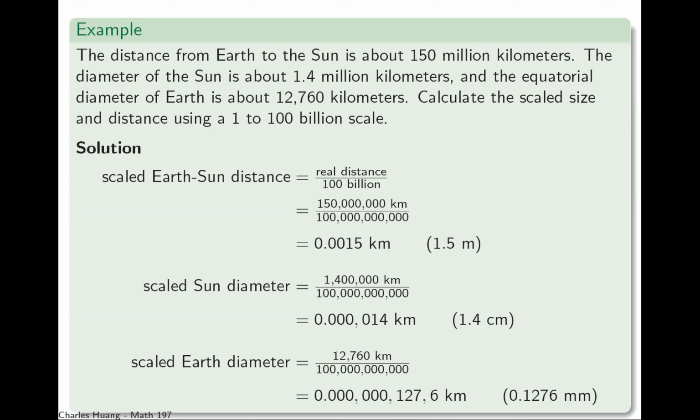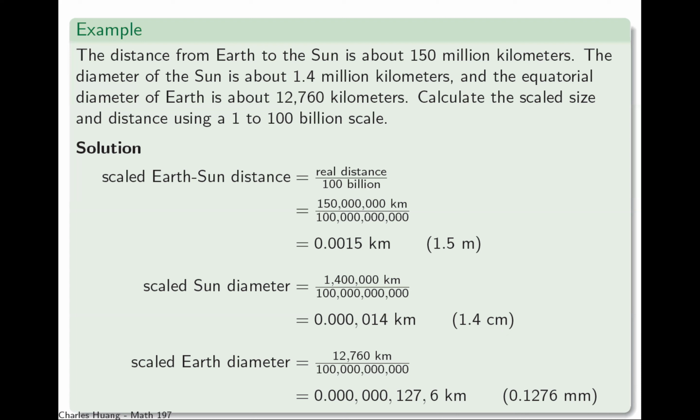And how big is the sun? The sun has a diameter of 1.4 centimeters. That's sort of like the size of your pupil, or the size of your iris, of your eyes. And how small is the Earth?